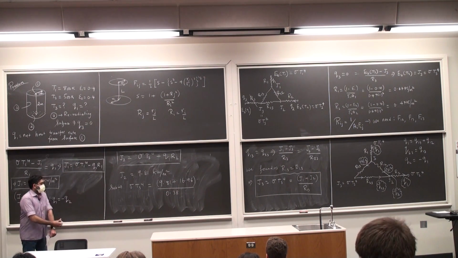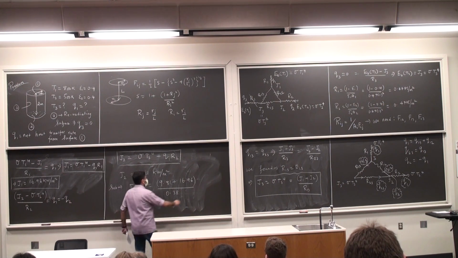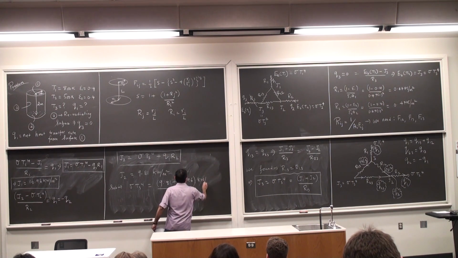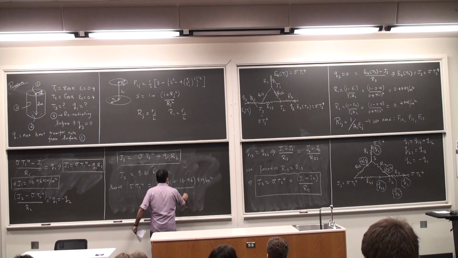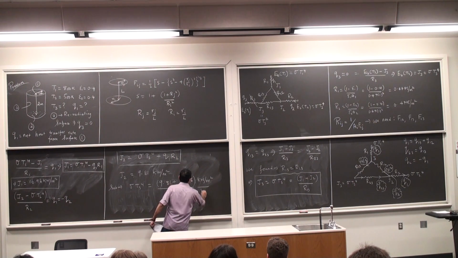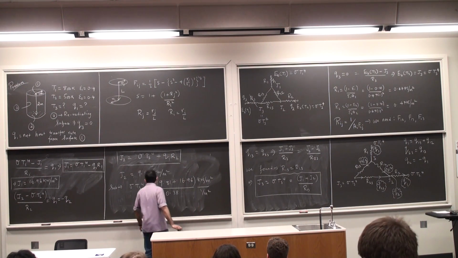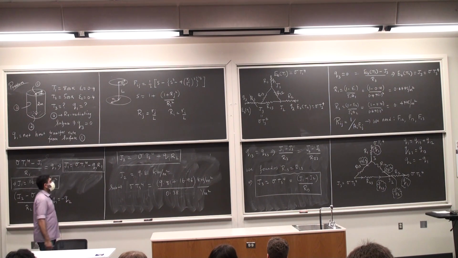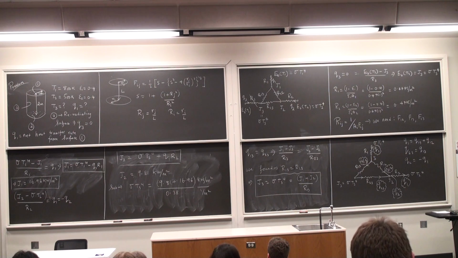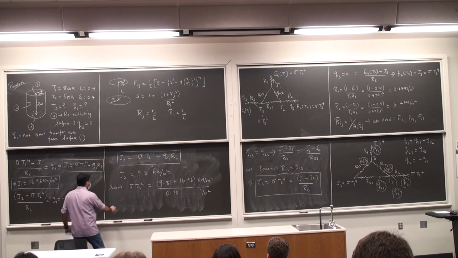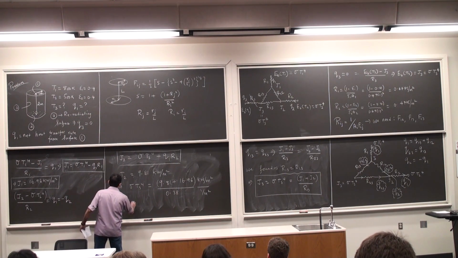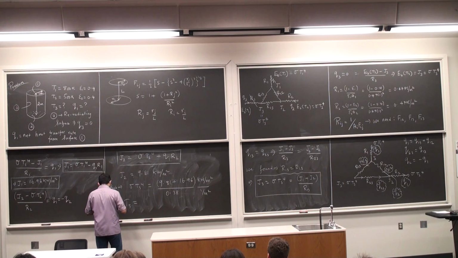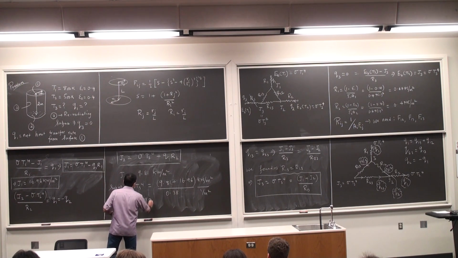Okay, look at the units. So this is kilowatts per meter square. This is 1 by meters square. Okay, then solve for T3 in Kelvin. Ends up being approximately 697 Kelvin.